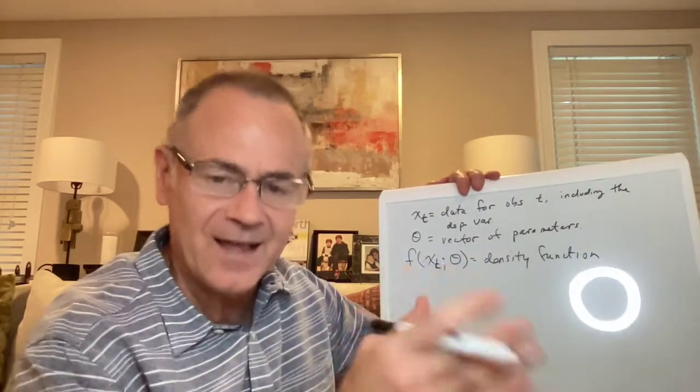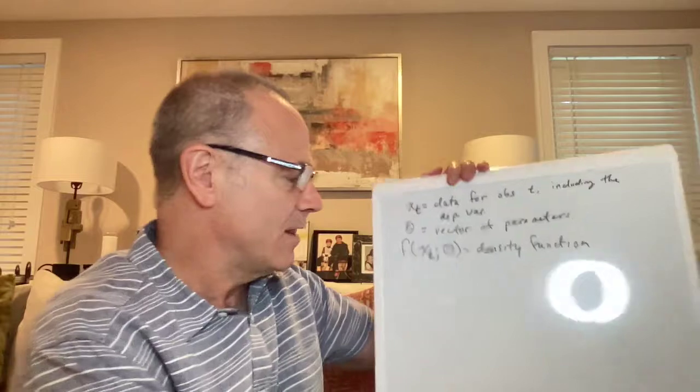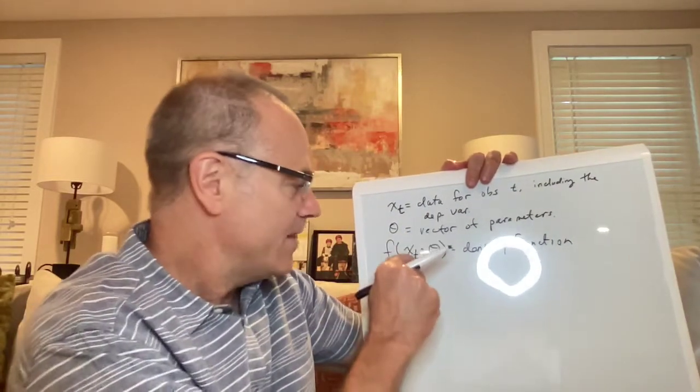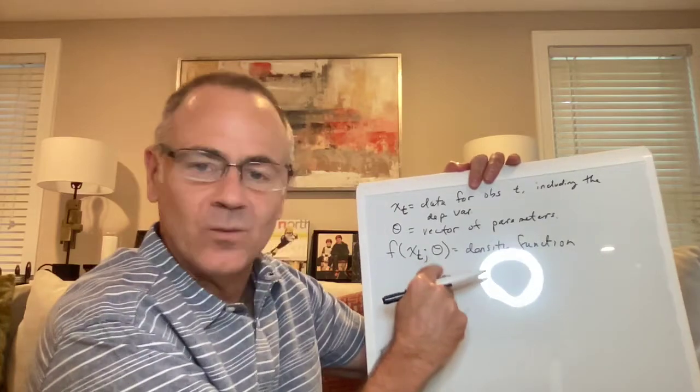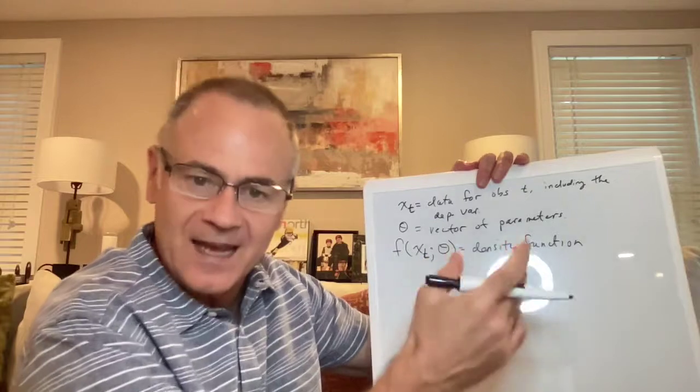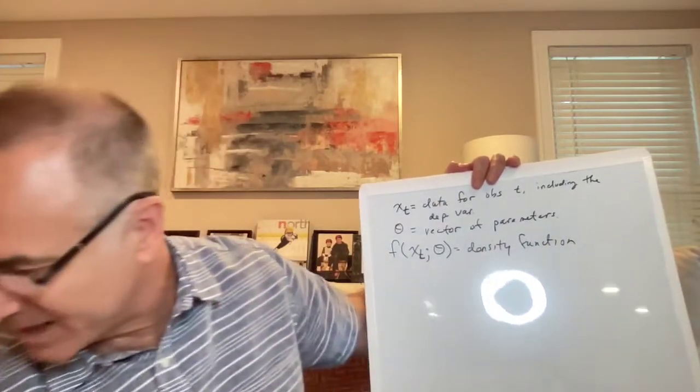Now when we get to likelihood, here's where we're going. A likelihood function will go the other way. It will treat the data as given and will treat this f as a function of theta. More on that later.